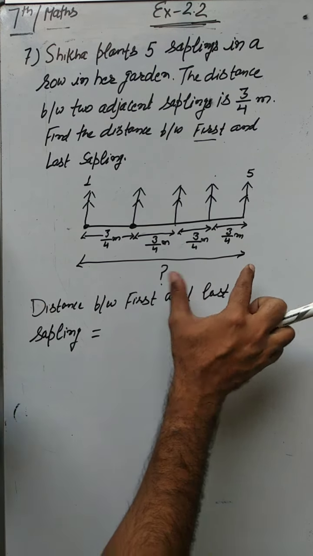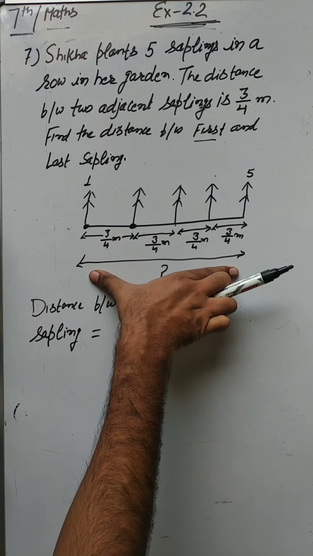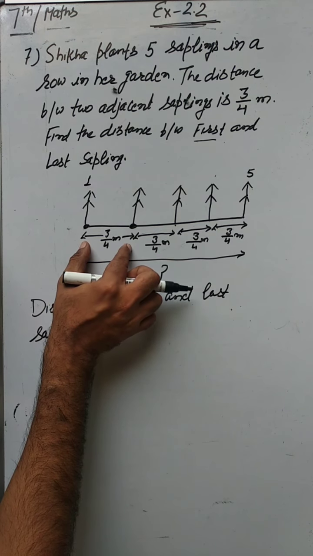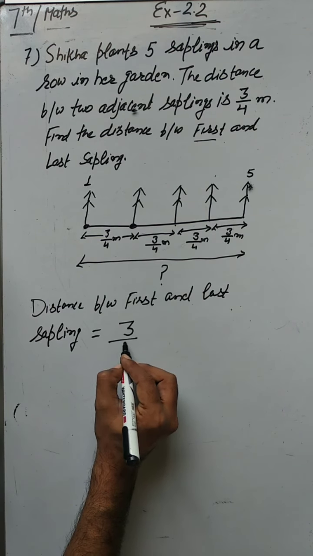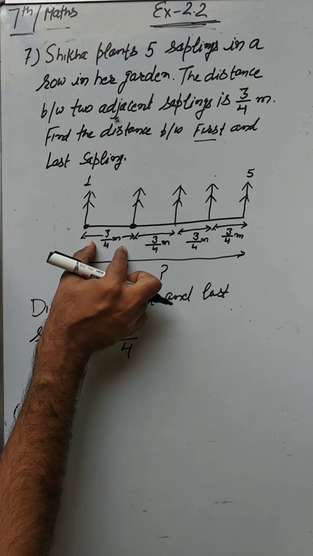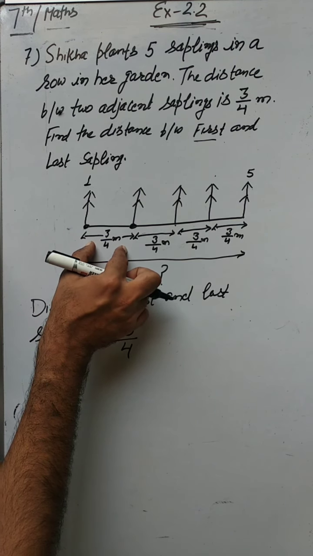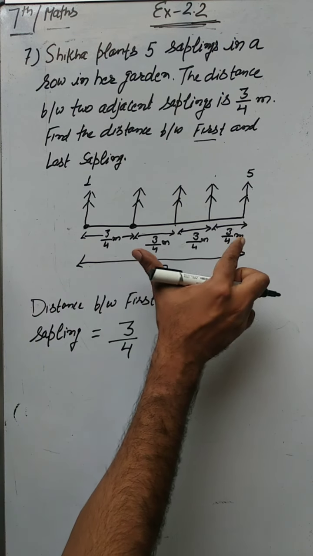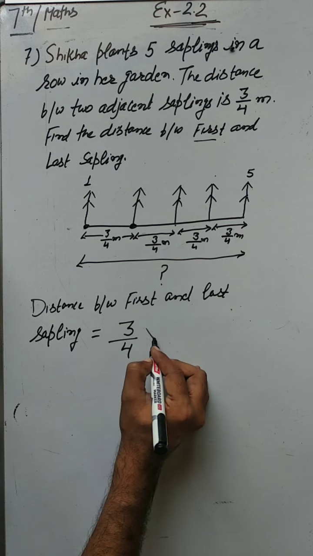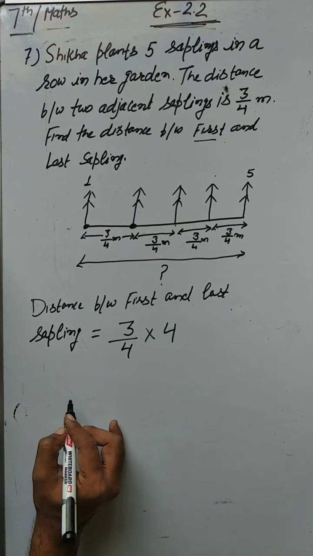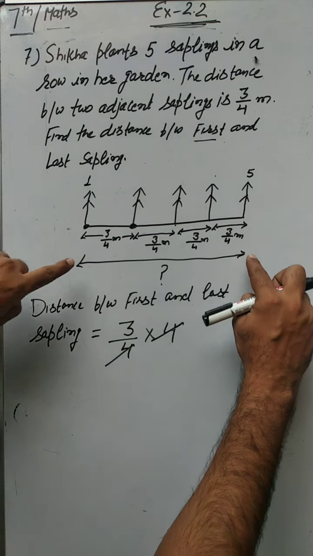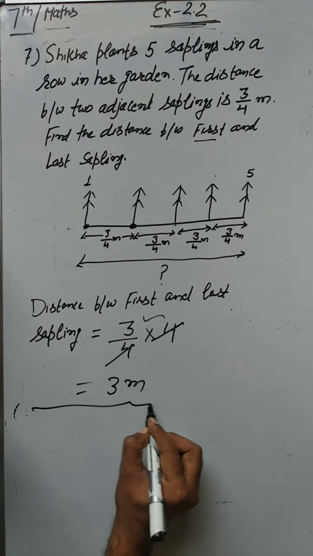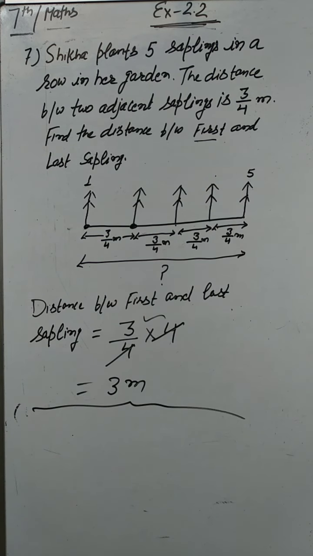We want to find that whole distance. Length of every part is 3/4. How many parts are there beta? 4. So 3/4 multiplied with 4. Understood? So this is your total distance. It will be equal to 3 meter. Very easy. Clear beta? Understood?